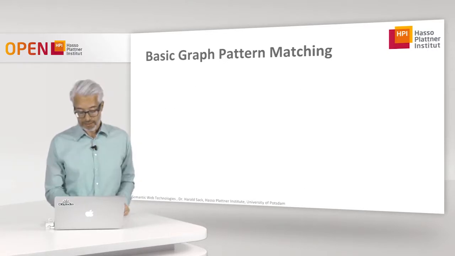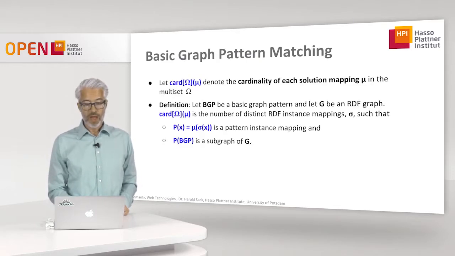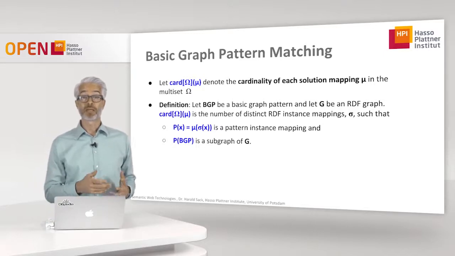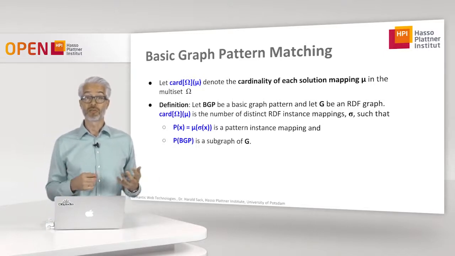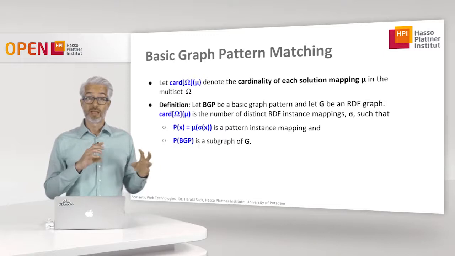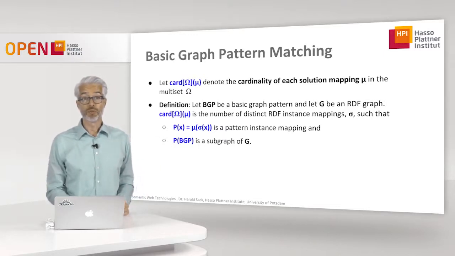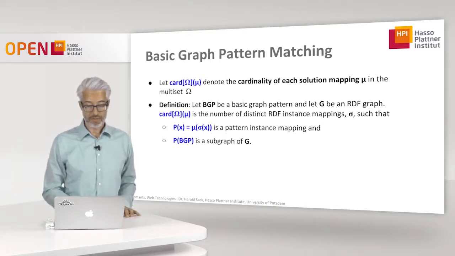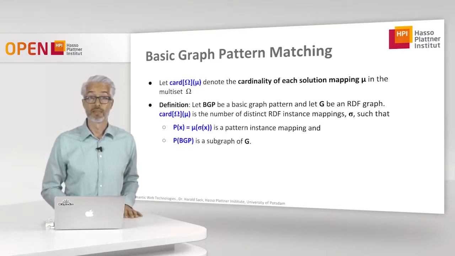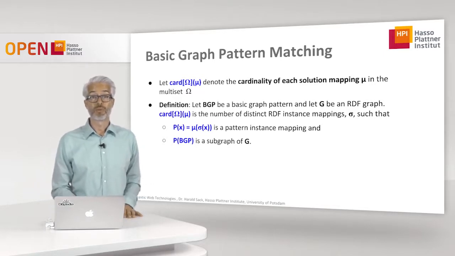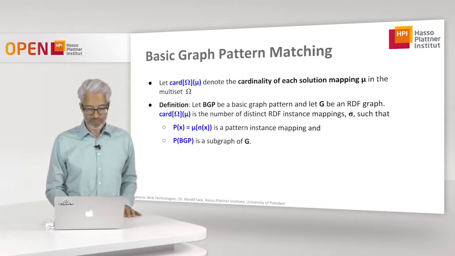But it's a multiset, so we also have to take into account that a mapping can occur more often. We have to denote the cardinality of each solution mapping mu. This is usually referred to as the cardinality over a multiset omega and a given solution mapping mu. So we define it the following way.